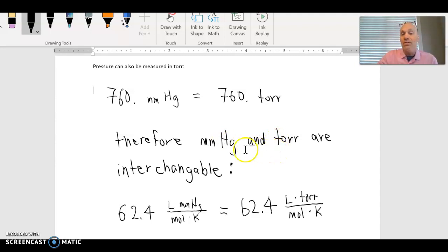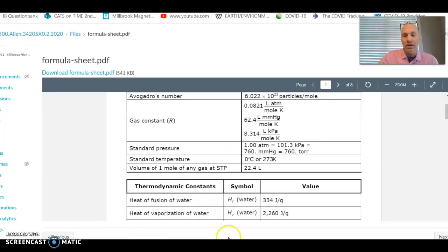So what this means is, essentially, anytime you see millimeters of mercury, all you have to do is plug in torr, and you would have the same value. So, for example, when you're talking about the ideal gas constant, we have this value right here, which is the one that we would get right here.